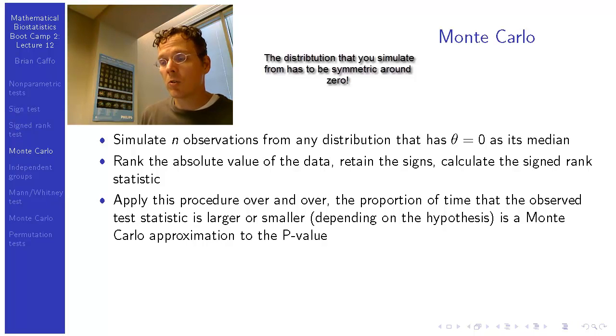We could use any distribution, for example the standard normal, and that would give you the exact small sample distribution. But we can actually go further than that.